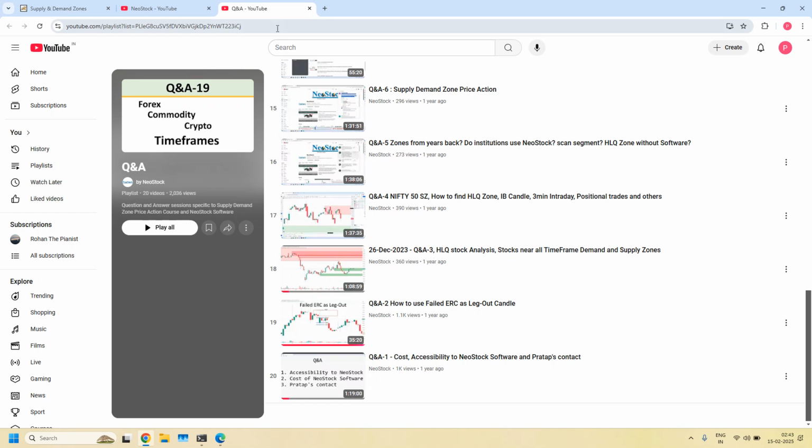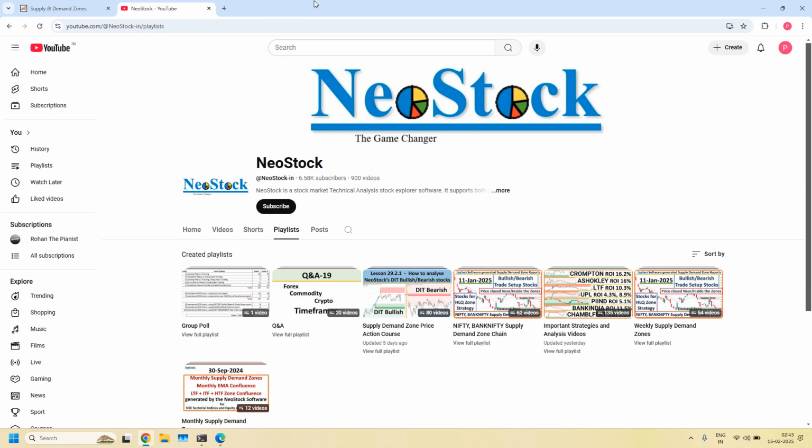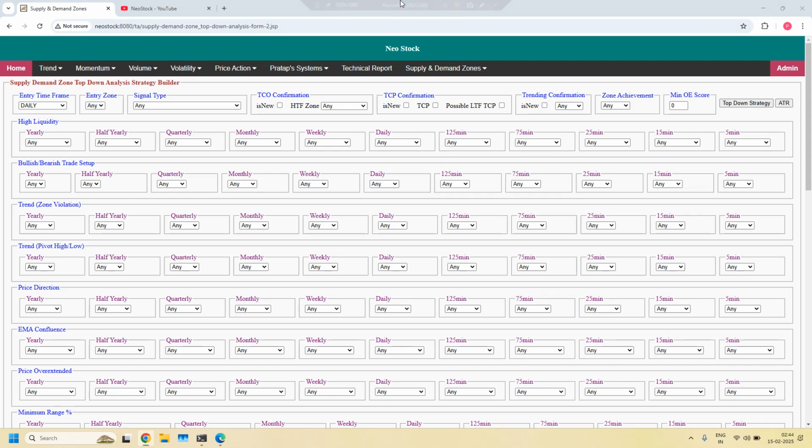Then you will be able to see that conversation. Okay, this is the first thing you should take care of. And the second thing is very, very important, because I have seen some people make mistakes earlier, and I don't want you to make that mistake. So what is that mistake? While analyzing the charts, many people are selecting F&O stocks.